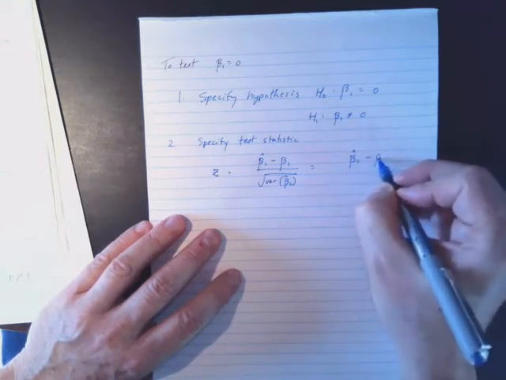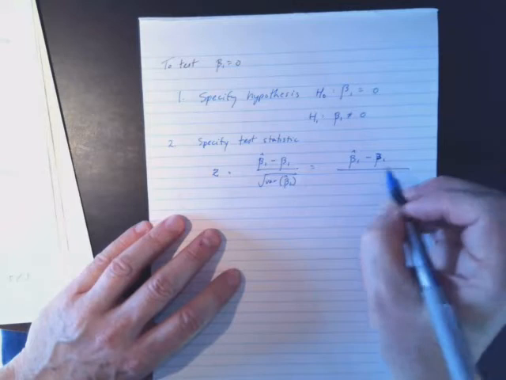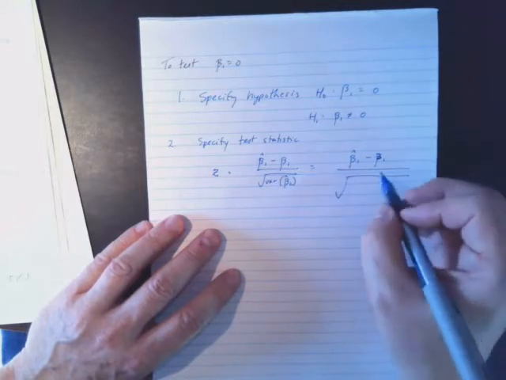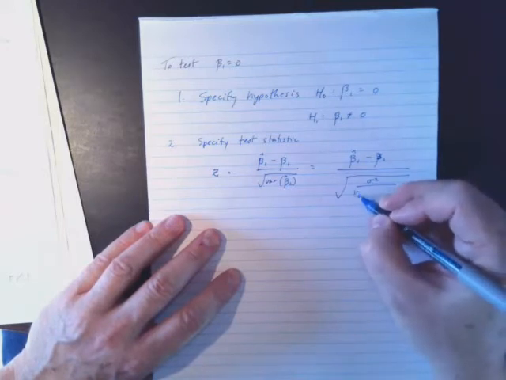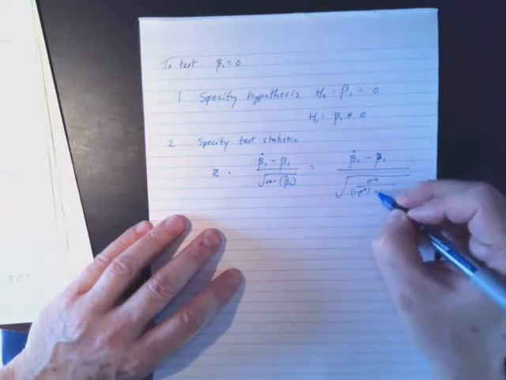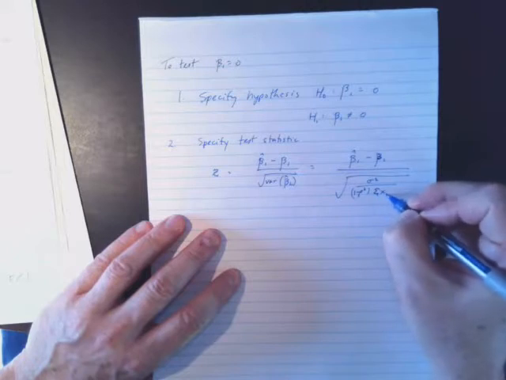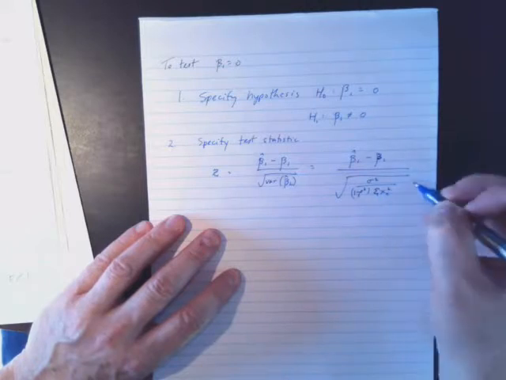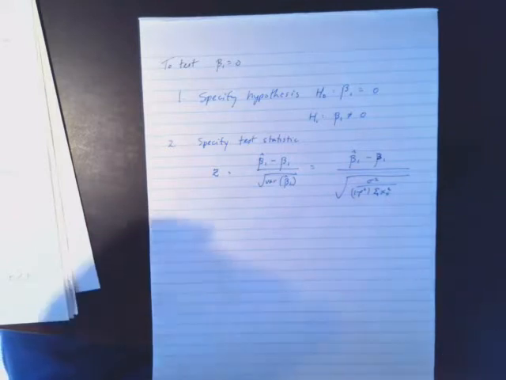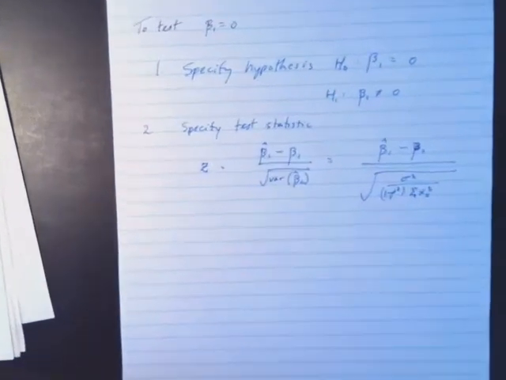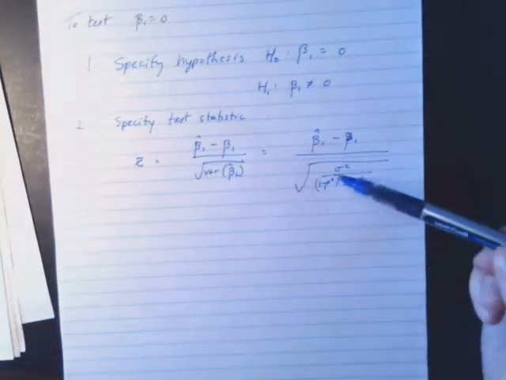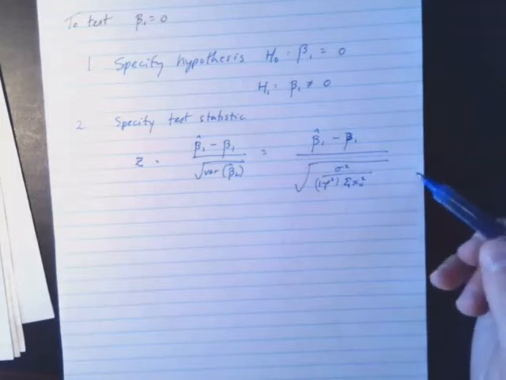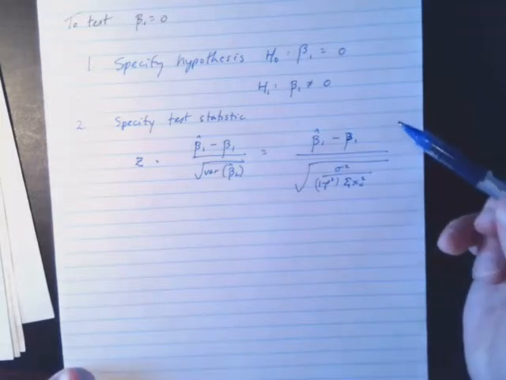So that is sigma squared divided by 1 minus rho squared times the sum of x1 squared, where rho, hold on, let me zoom in here. Rho is the correlation between x1 and x2 in a two-variable model.